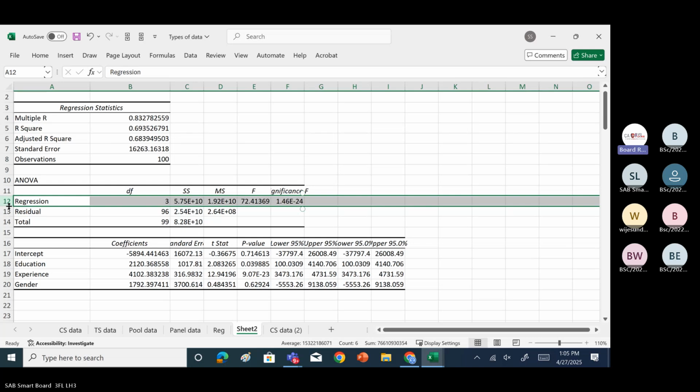improve the education level of the organization's employees. We accept hypothesis number one, which confirms that when the education level increases, salary also increases.